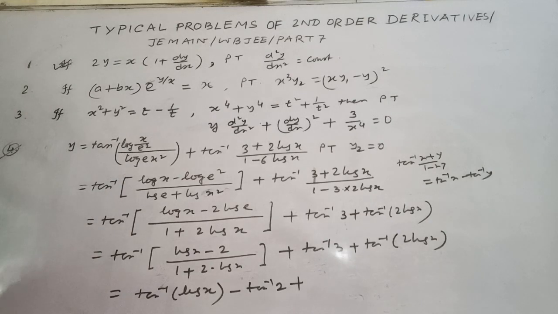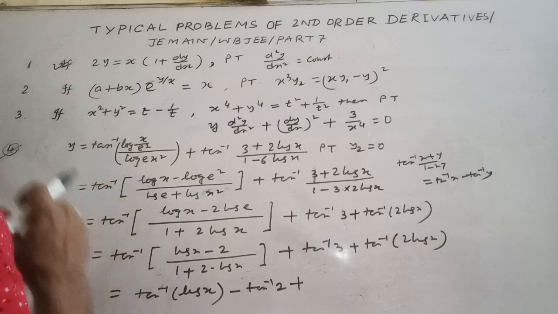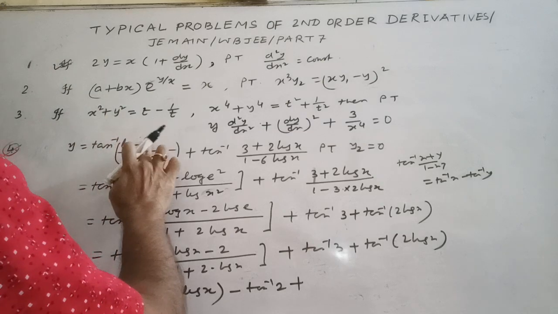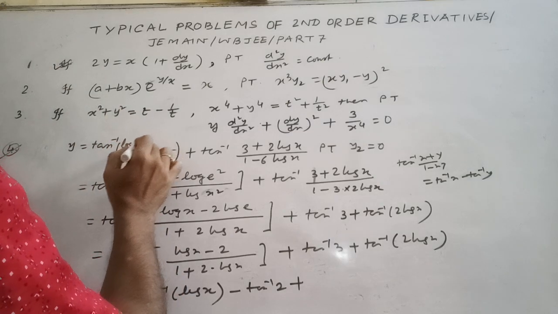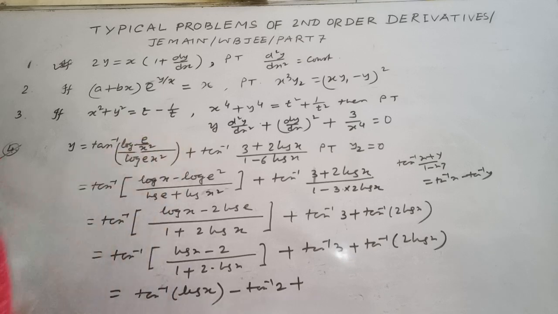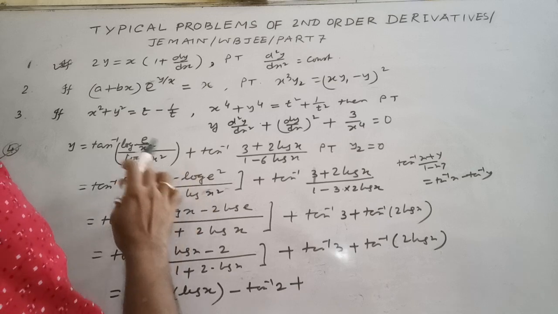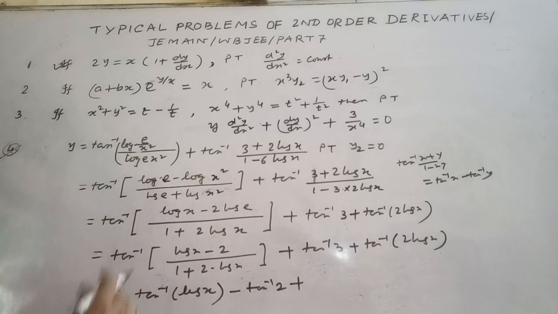So look, write it as log e by x squared. This one. So this is log e minus log x squared.